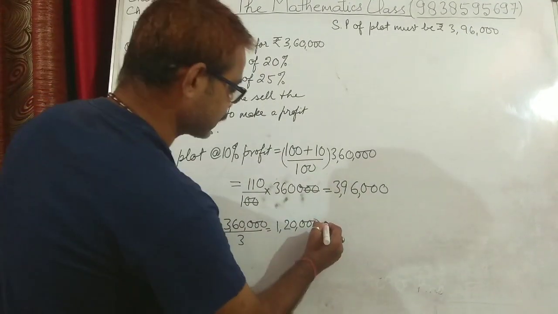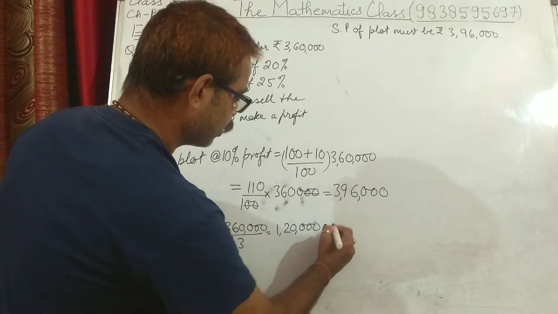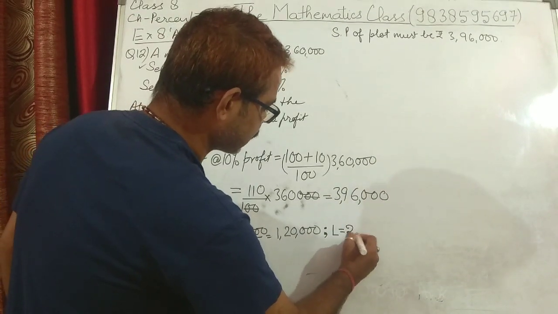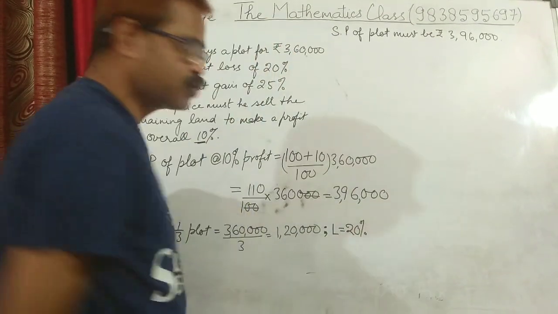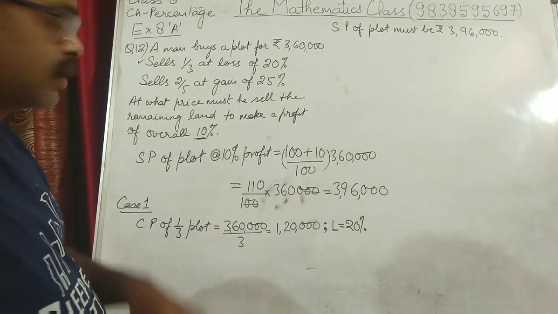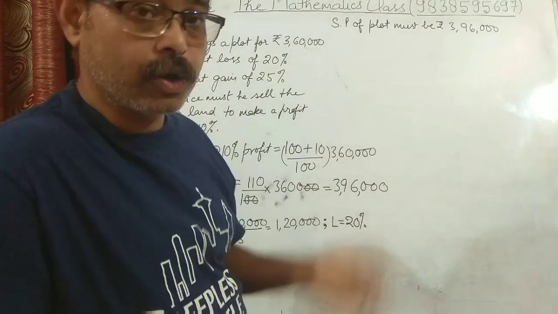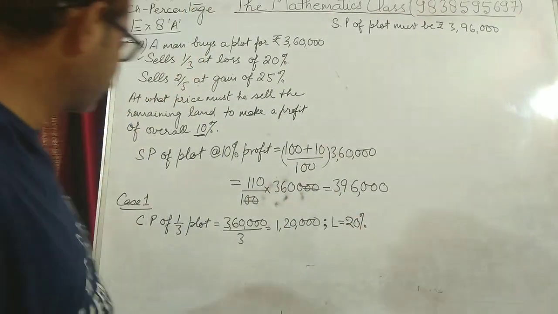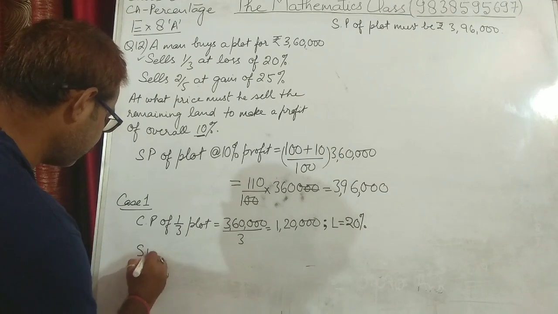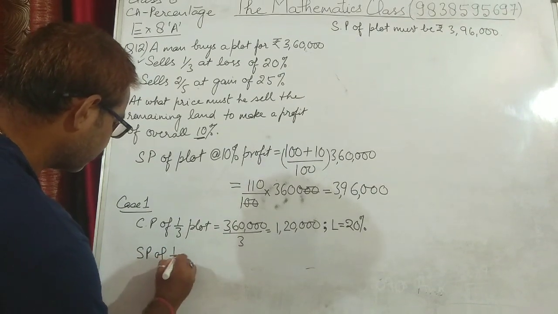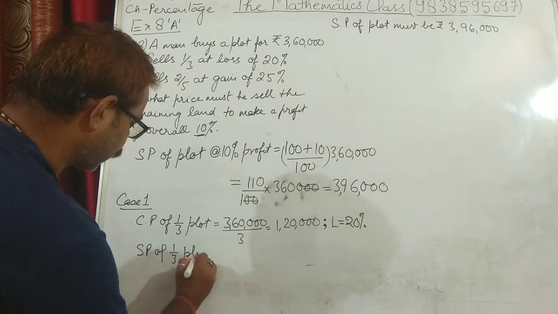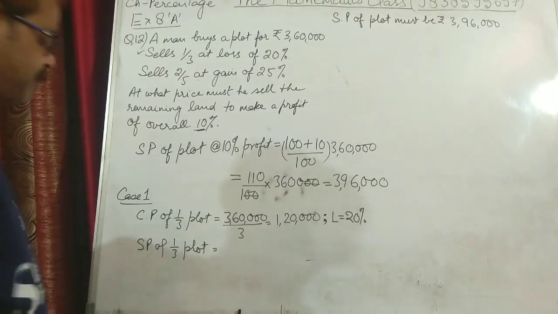Now he is selling at a loss of 20%. The second thing given is that the loss on this transaction is 20%. So we can calculate the selling price of 1/3 of the plot at a loss of 20%. Again we will use the same formula.